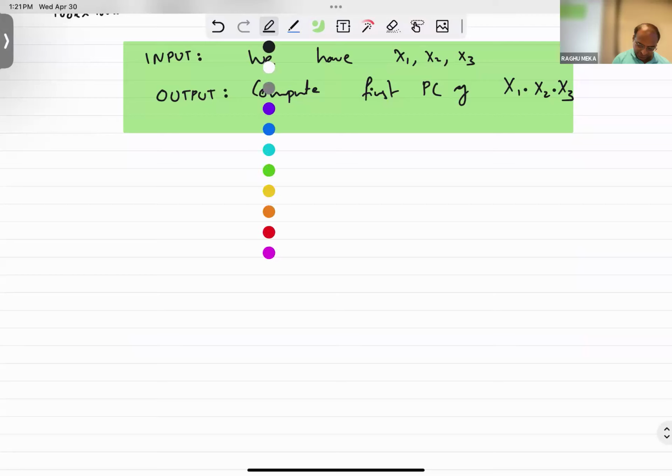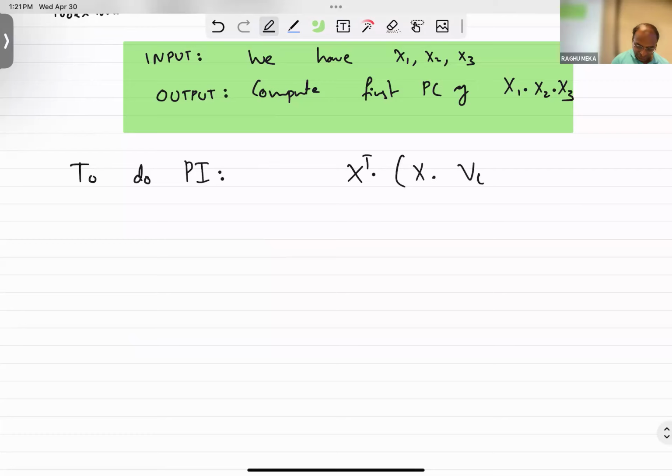So the reason is that, technically to run the power iteration, what do I need? I need to compute X transpose times X times this vector Vt minus 1. But I can expand this out.